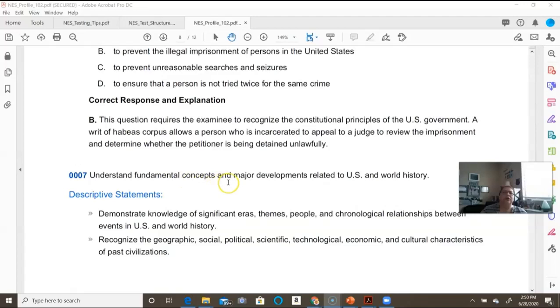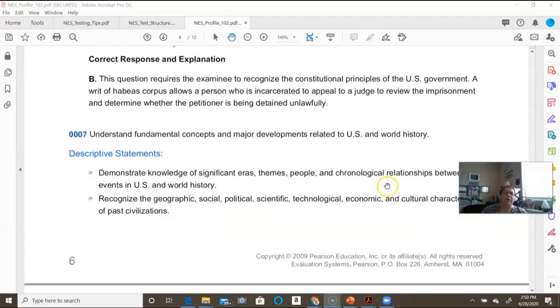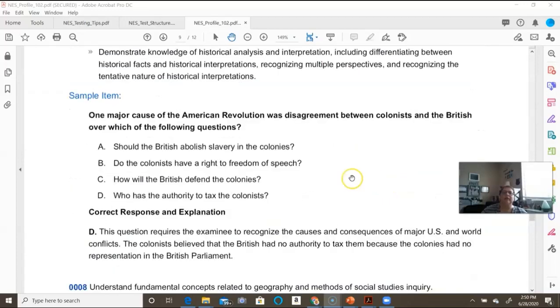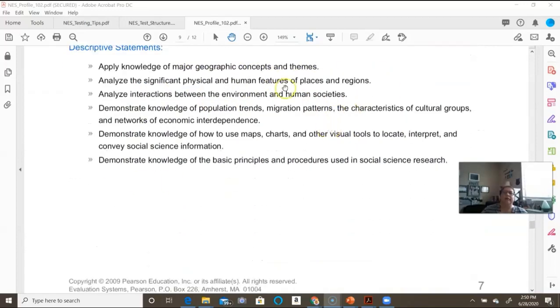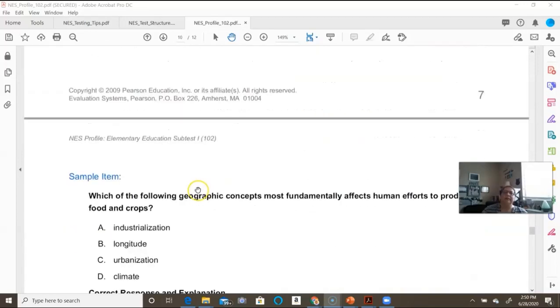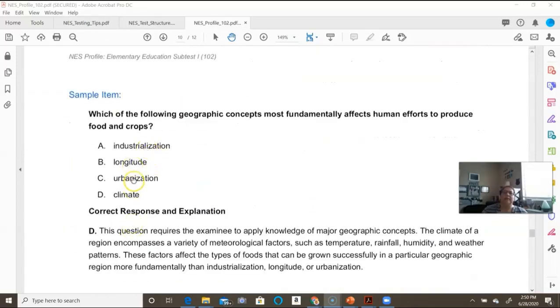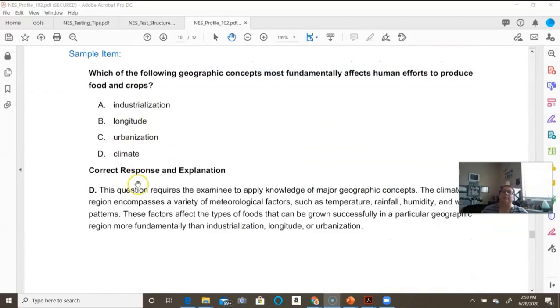Understand fundamental concept and major developments related to the U.S. and world history. Let me go to understand fundamental concept related to geography and methods of social studies inquiry. So there's those competencies and the test question, a sample.